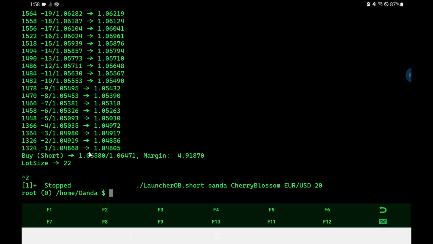And as you can see, the number of units goes up by 1 unit every time we make a new purchase, or our lot size has been described here, to which we have 22 lots right now in functional existence.